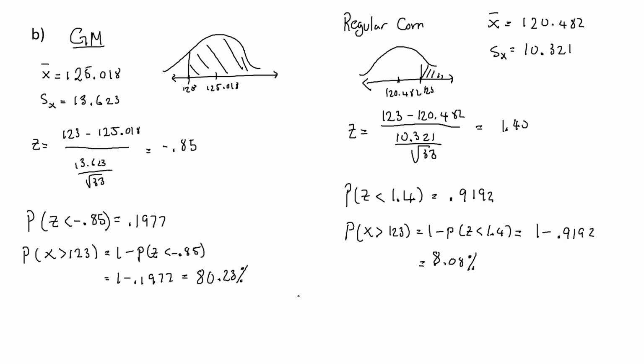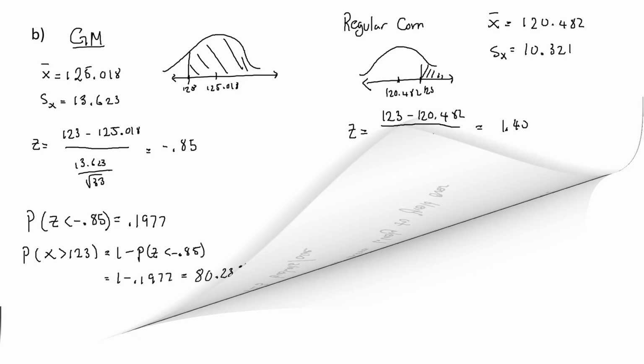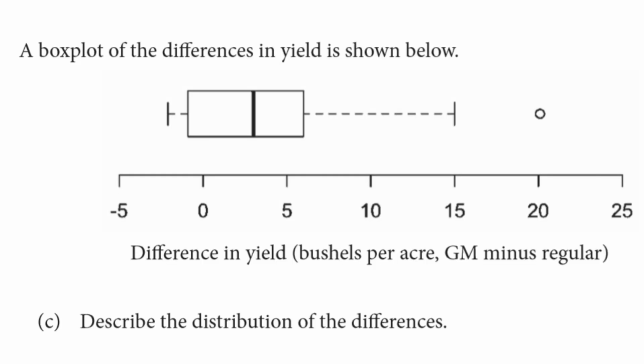So we can conclude that GM corn is more likely to yield over 123 bushels per acre.